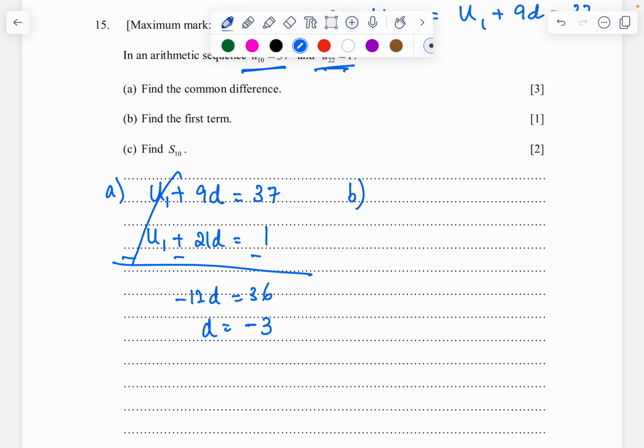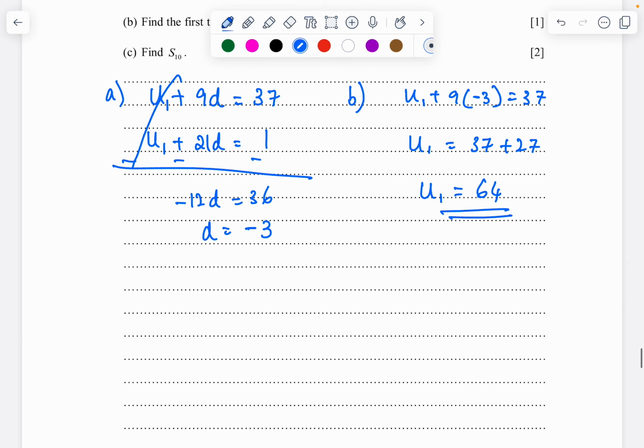So I use the first equation, u1 plus 9 times negative 3 equal to 37, u1 equal to 37. The 9 times negative 3 is negative 27 and it becomes positive 27. So u1 is going to be 64. Then find S10. Remember, S is sum of.